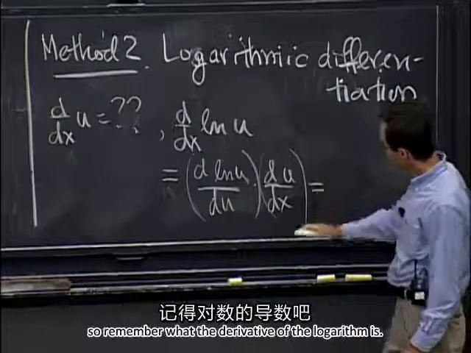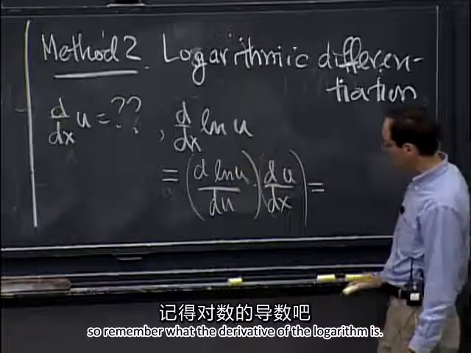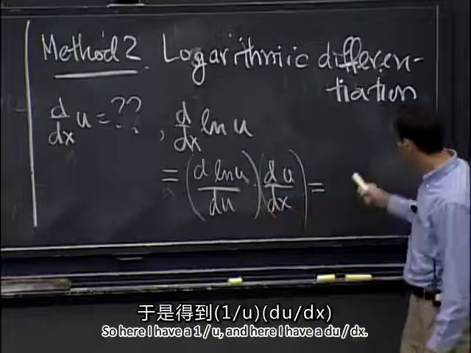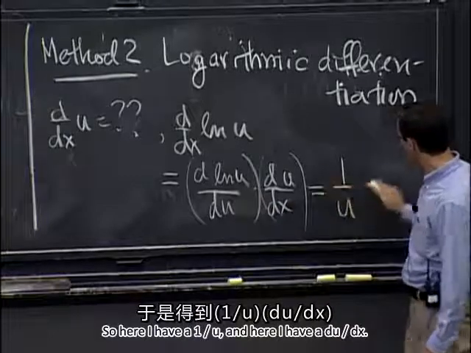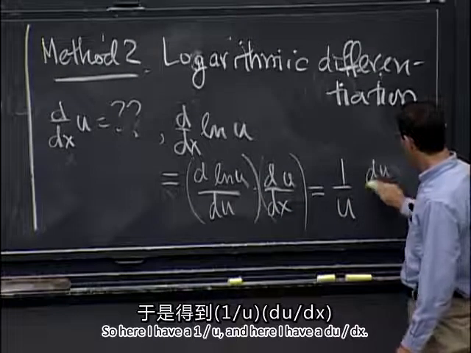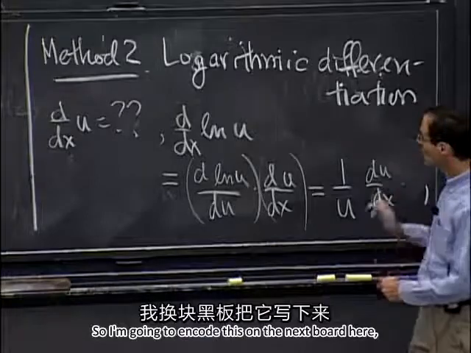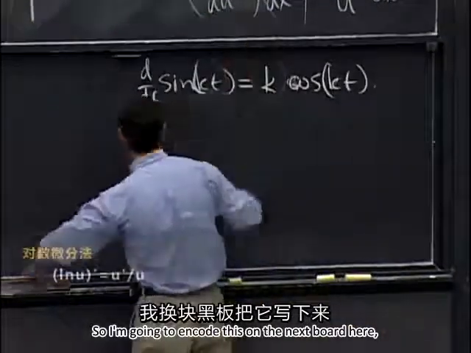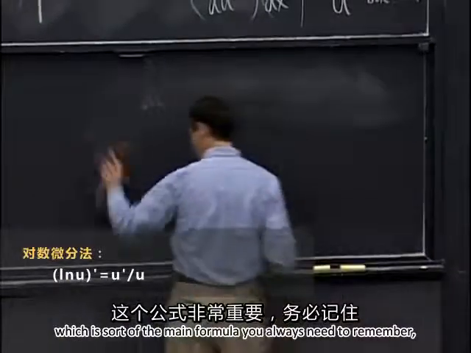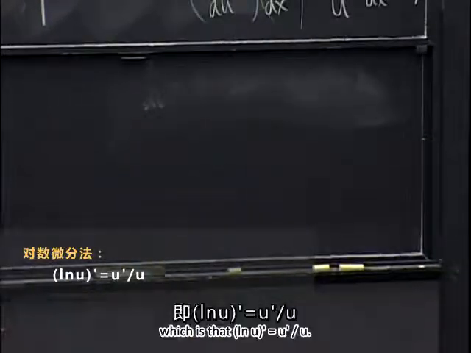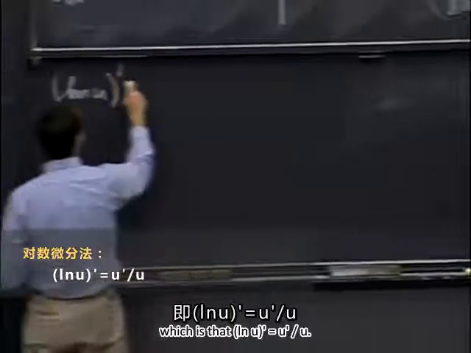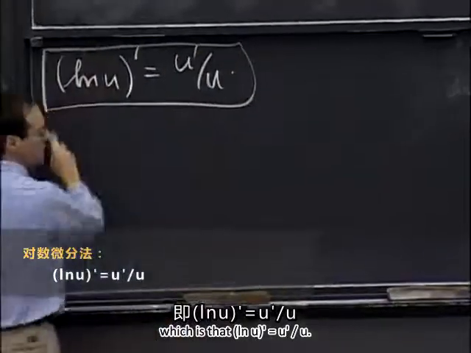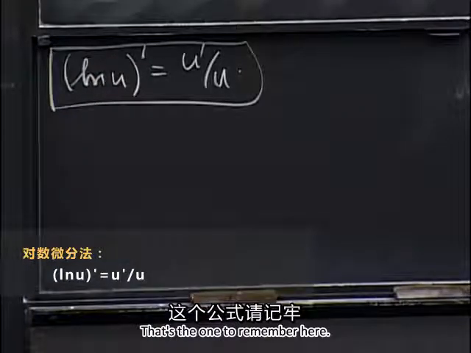So remember what the derivative of the logarithm is. This is, what is it? 1 over u. So here I have a 1 over u, and here I have a du dx. So I'm going to encode this on the next board here, which is the main formula that you always need to remember, which is that log u prime is equal to u prime over u. Okay, that's the one to remember here.